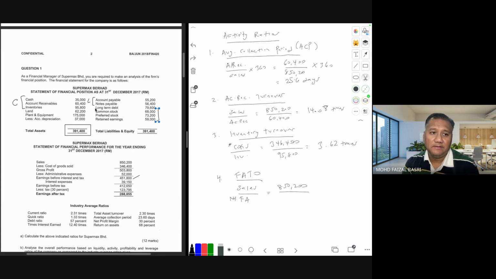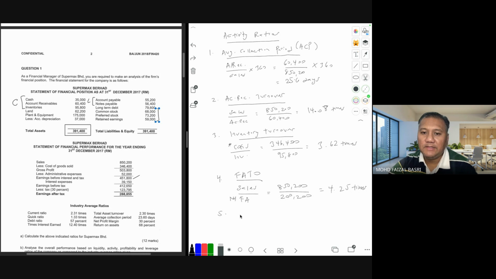Then you get the net plant and equipment and then you add with the land 62,200. So your net fixed asset adalah 200,200. So 850,200 divided by 200,200, you're going to get 4.25 times.